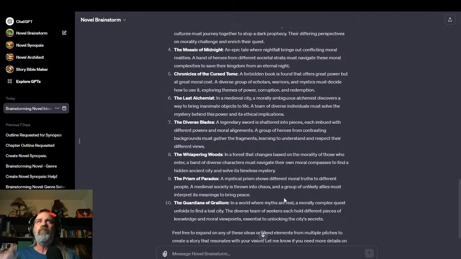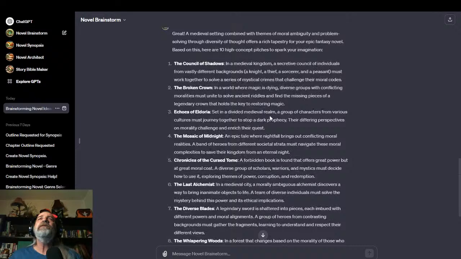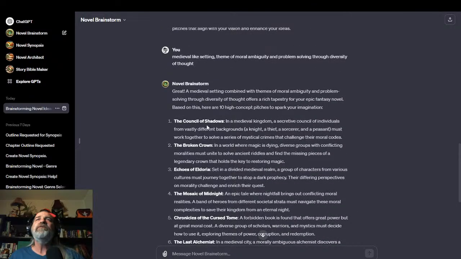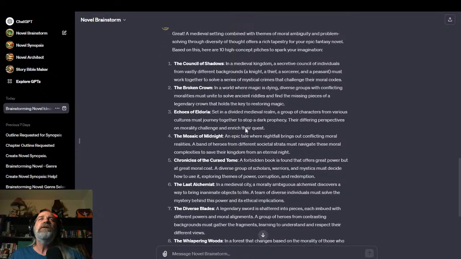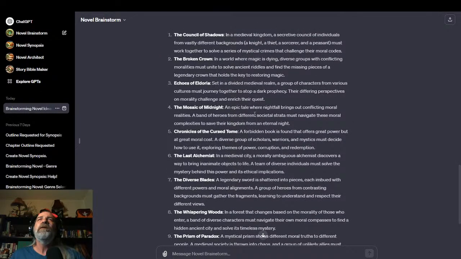Let's see, I like this secret society thing, Council of Shadows, and maybe the Chronicles of the Cursed Tome also is pretty cool.